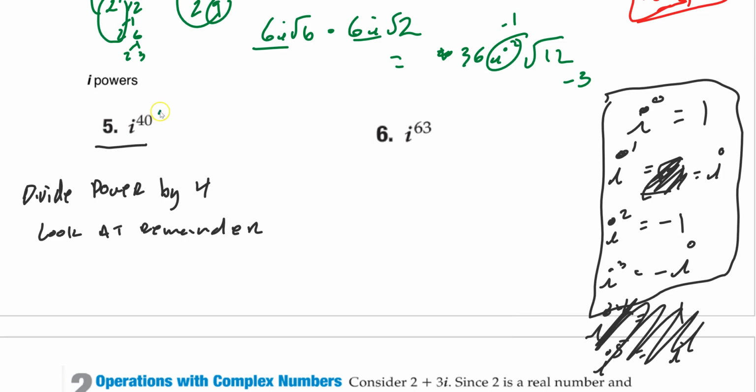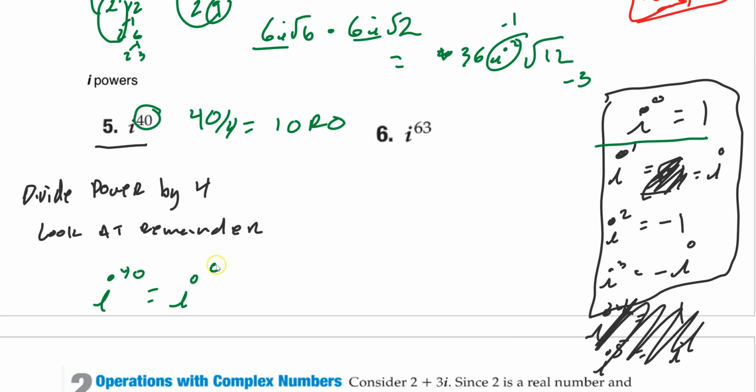So i to the 40, I'm going to look at the power and go, okay, 40 divided by 4, and I get 10 remainder 0. So it goes around 10 times and ends up right here, remainder 0. So i to the 40th is the same thing as just saying i to the 0 power, which is 1. So i to the 40th is 1.